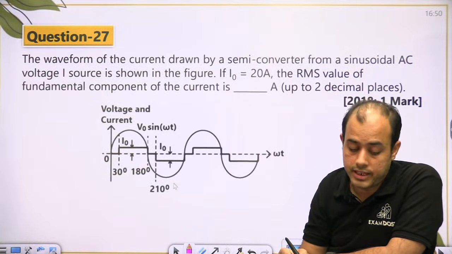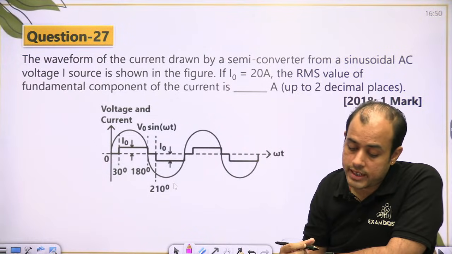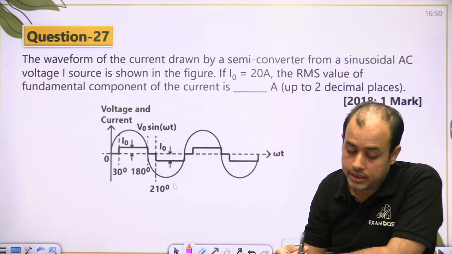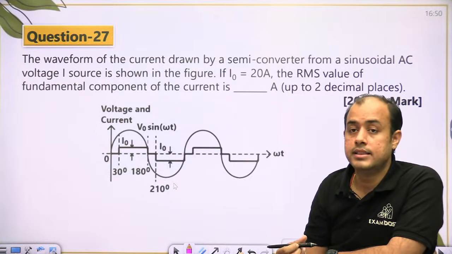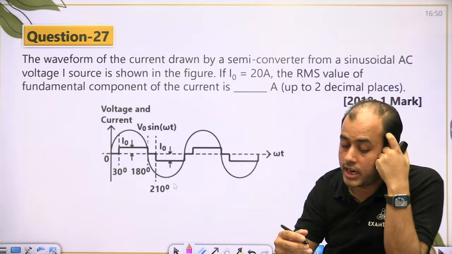Why is it not unity? Because of harmonics. Waveform of current drawn by a semi-converter with sinusoidal AC voltage source is shown. RMS of fundamental component. This is what? This is a quasi-square wave.